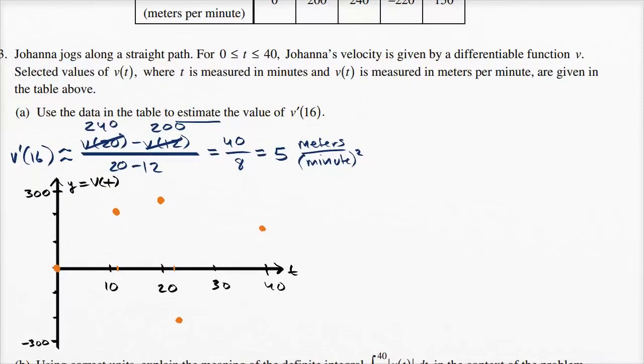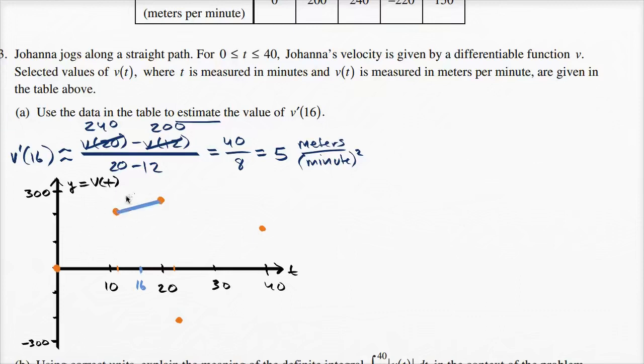But what we wanted to do in this problem is say, okay, when t is equal to 16, what is the rate of change? We don't know what v(16) is, but essentially what we did in this problem is approximate what the function might do by roughly drawing a line here.